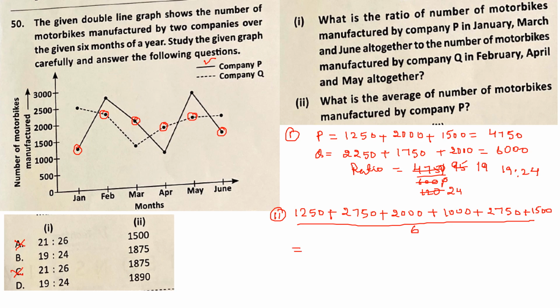Now if you add everything, you will get 11250 divided by 6, and if you divide it, you will get 1875. So from here you can see the correct option is option B.